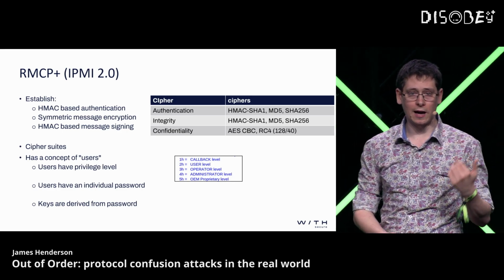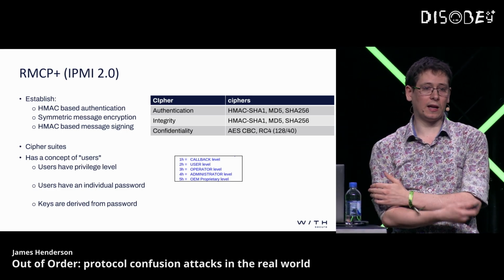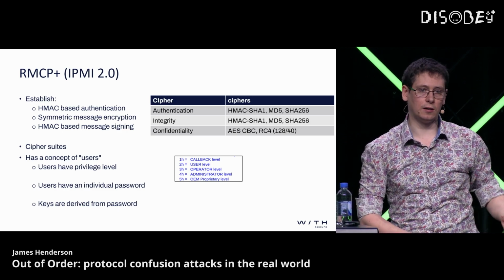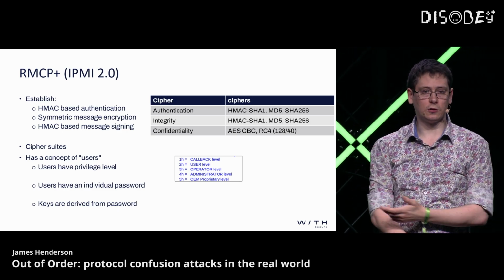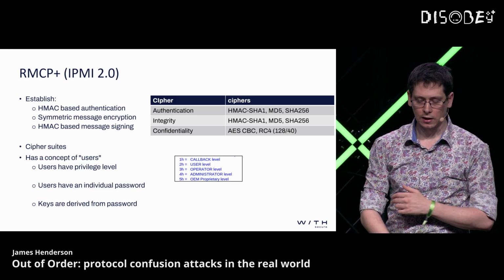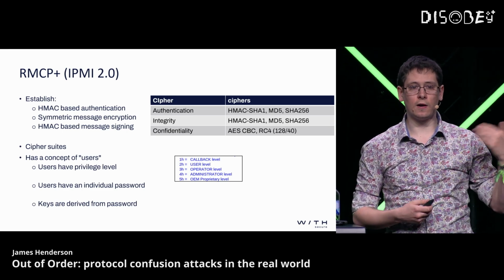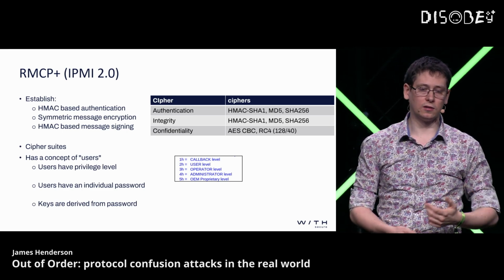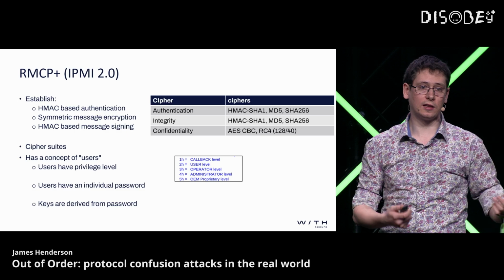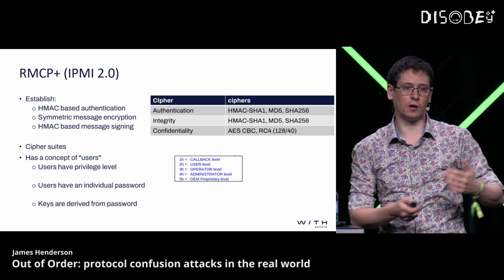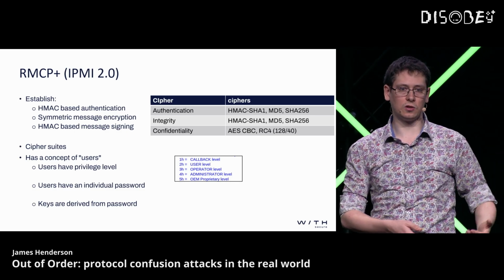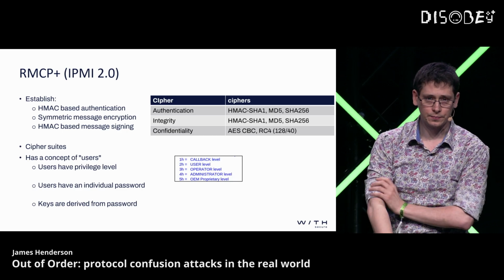But you can also have admin, and an admin will be allowed to do things like turn the machine off and on. So obviously when we're looking at security, this is of interest to us. And the encryption ties back to the users via a password. So the keys used to authenticate a user and secure your connection are derived from your password, and that is how a user proves who they are to access the system.